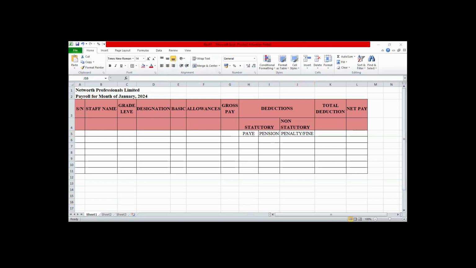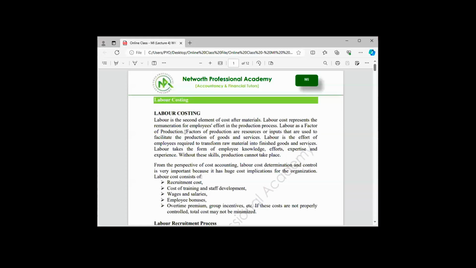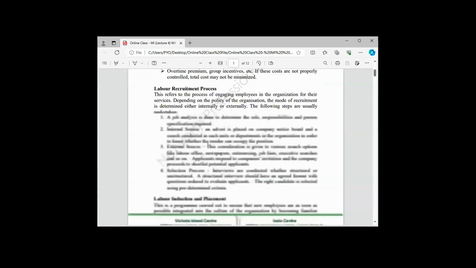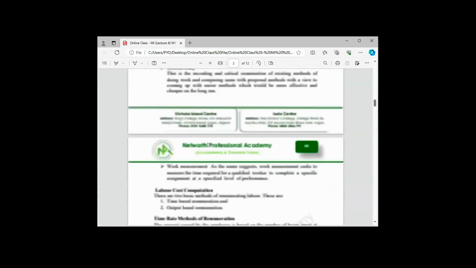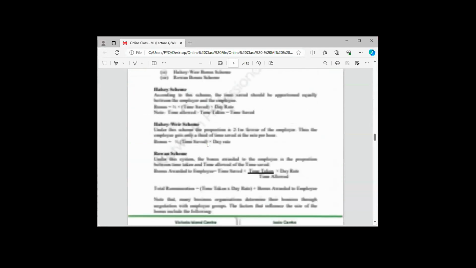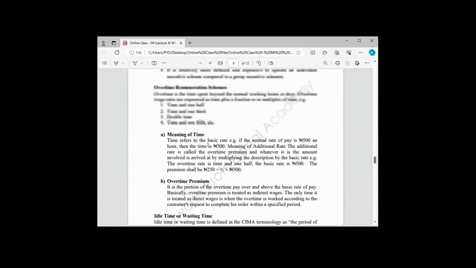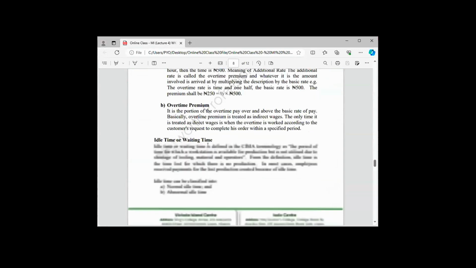Let me change to our last note, labor costing. Can we see the board? Yes. Now let's look at the first, second and third questions, and see the ones that relate to what we have discussed so far.